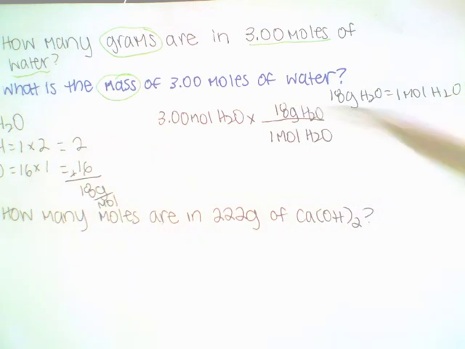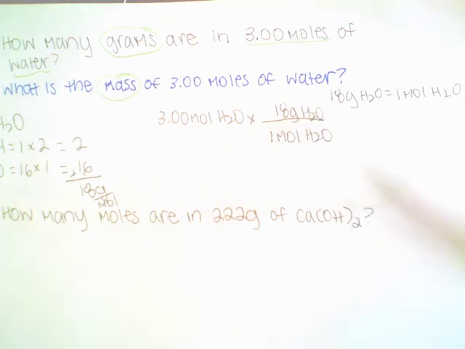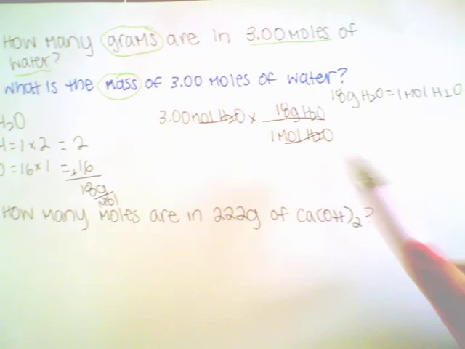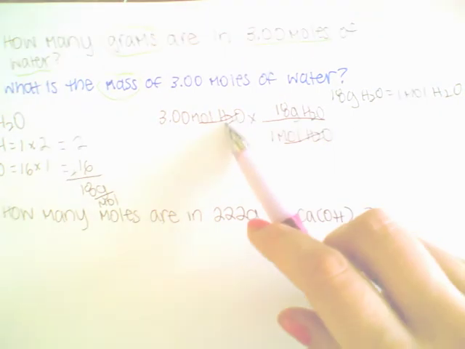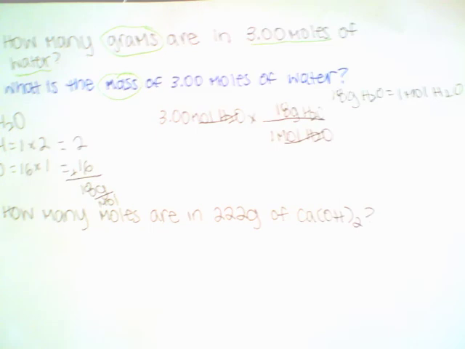Whenever we're doing conversion problems, you multiply the numbers on the top, divide by the numbers on the bottom. We made sure that we had moles of water on the bottom, since moles of water was on the top, so that they cancel out. And you multiply 3 times 18, which is 54.